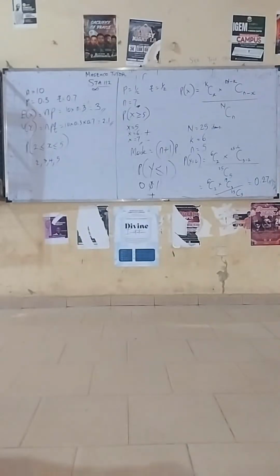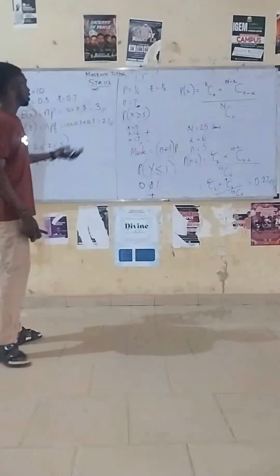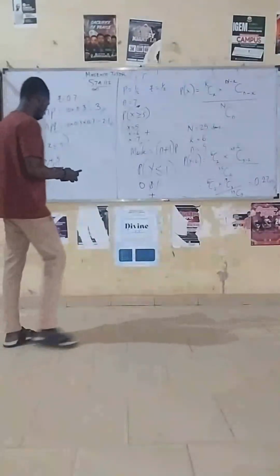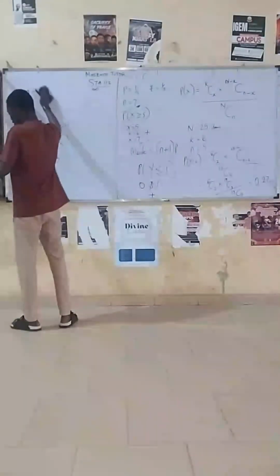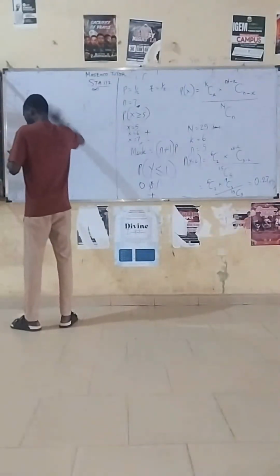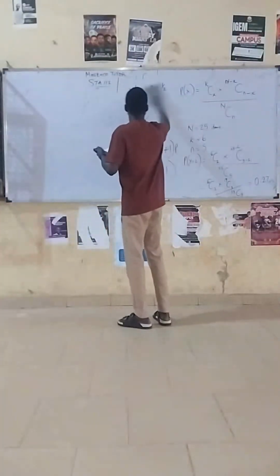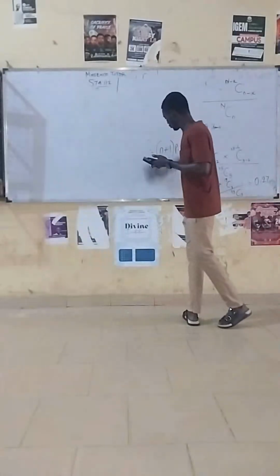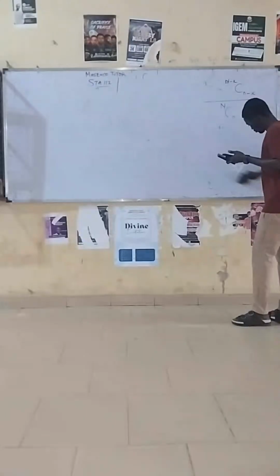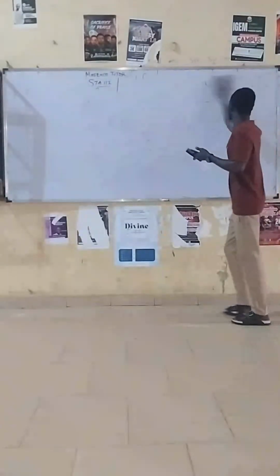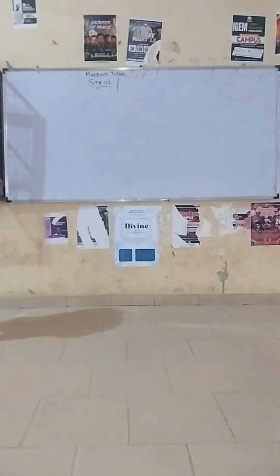Okay, now to Poisson distribution. We are done with this. Now for Poisson distribution, that's number 14.